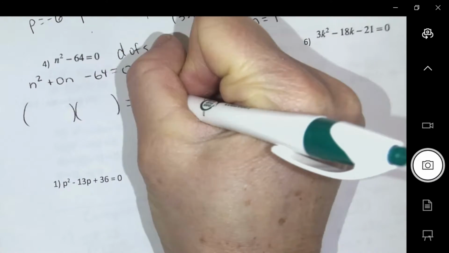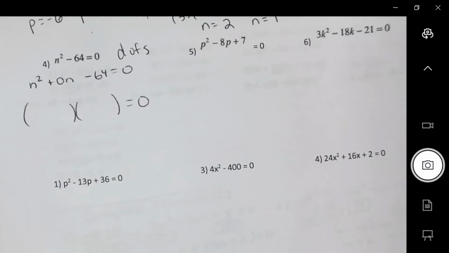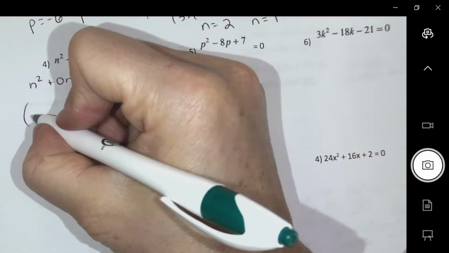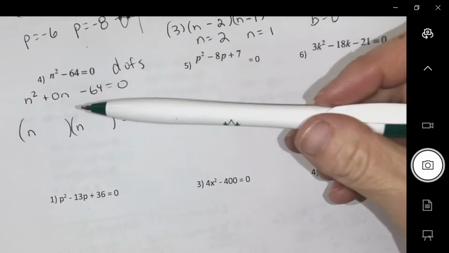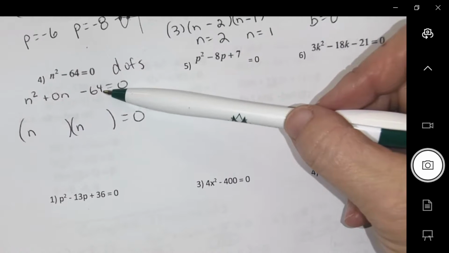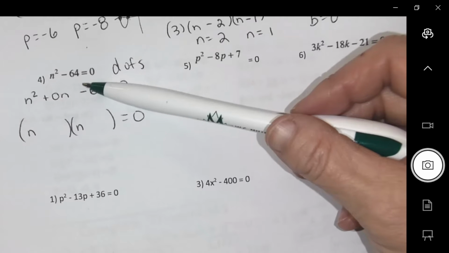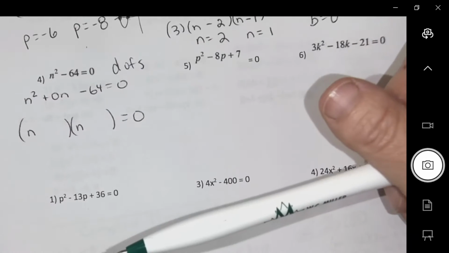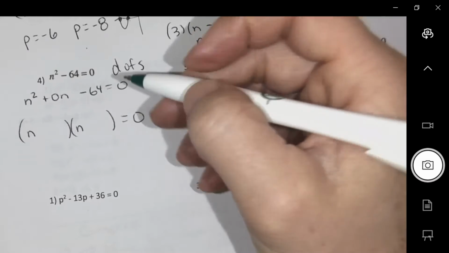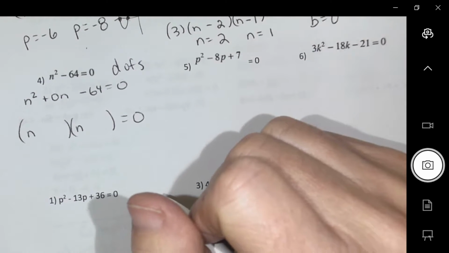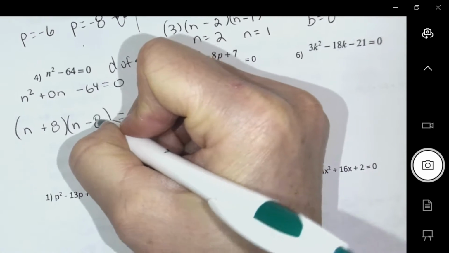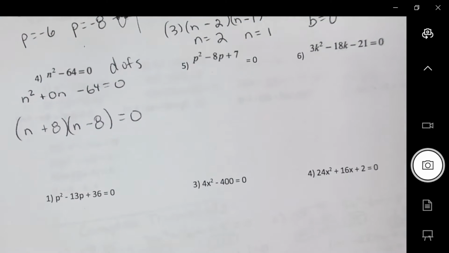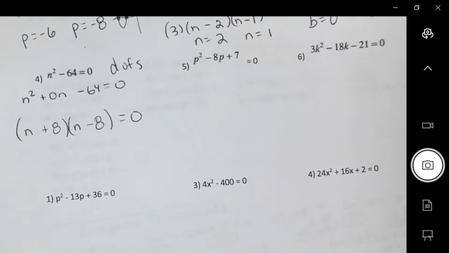So when you do the trinomial, thinking n times n makes the n squared. So what is making the negative 64 and adding to nothing? So what multiplies to 64? Plus 8 and a minus 8. Okay? Multiplies to negative 64, but added together, it's 0.